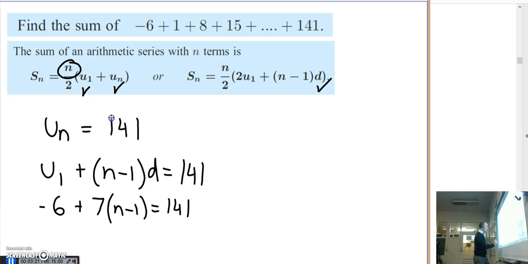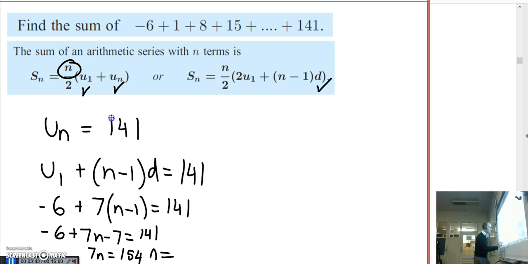I'm now going to expand my bracket and collect my terms to move them over. So 7n, I would have negative 13. Move that to the other side. I'm going to add 13, which is equal to 7n, or n equals 22 when I simplify that down.